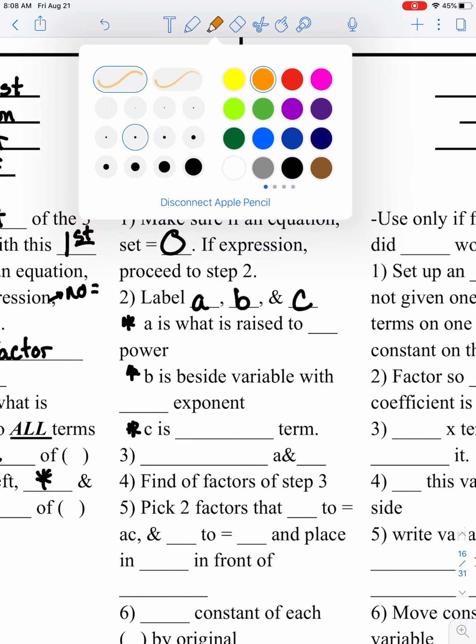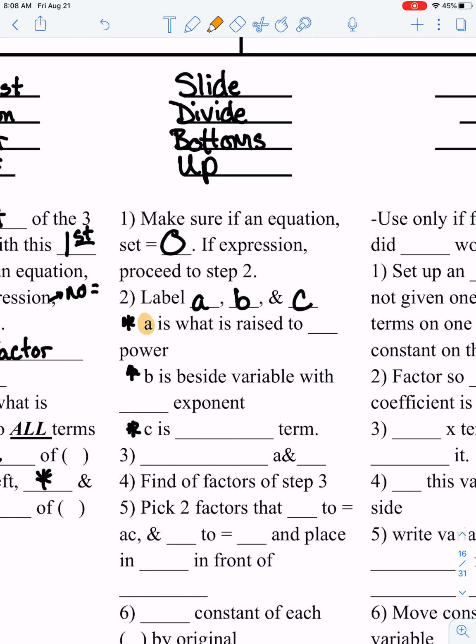Okay, fair enough. A is what is raised to the second power, okay? Or it's the number beside x that's raised to the second power.